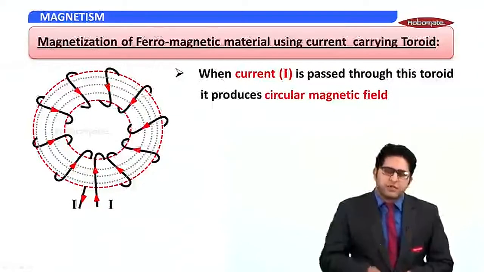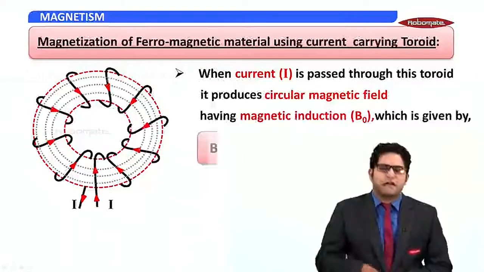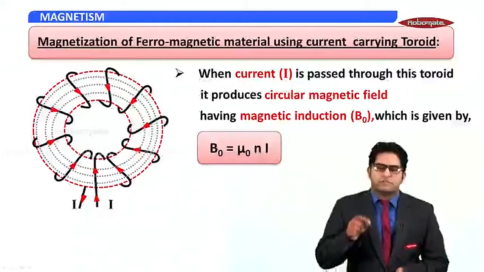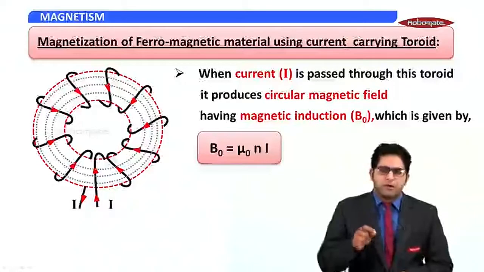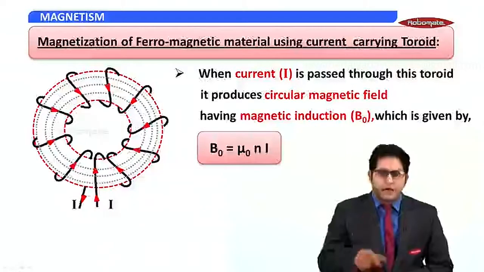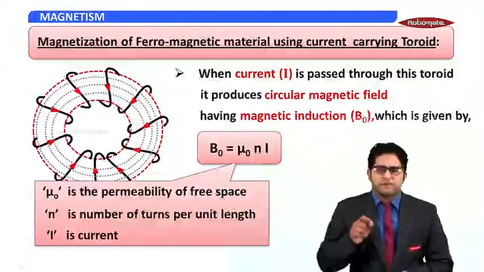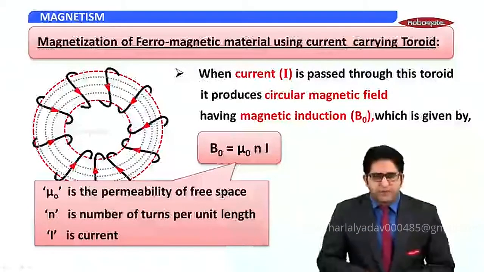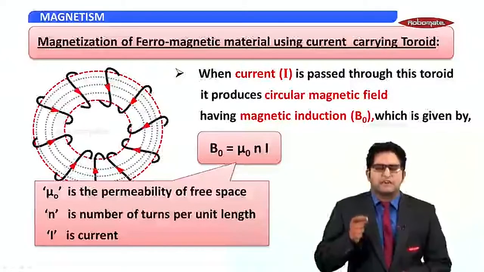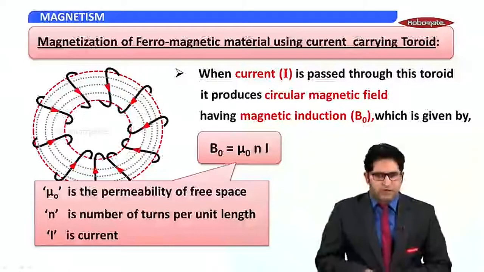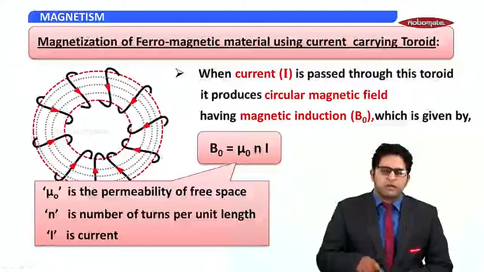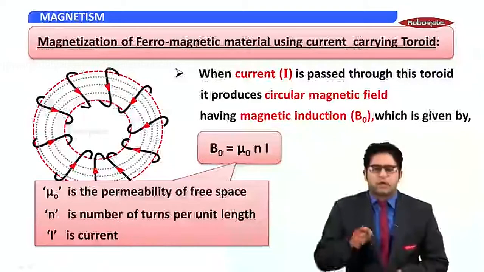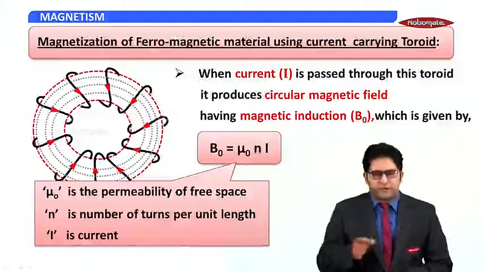This circular magnetic field has magnetic induction B naught, which is given by the formula B naught is equal to mu naught Ni, where mu naught is the permeability of free space, N is the number of turns per unit length, and I is the current in this toroid. This formula we have already learned in the previous chapter called magnetic effect of electric current.